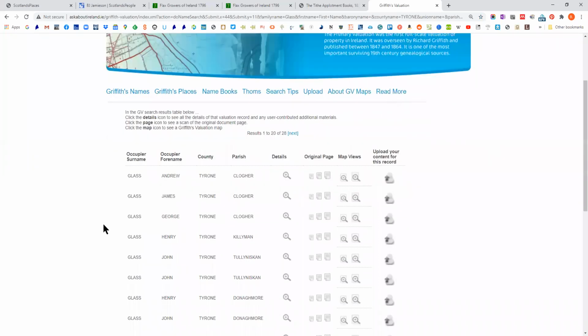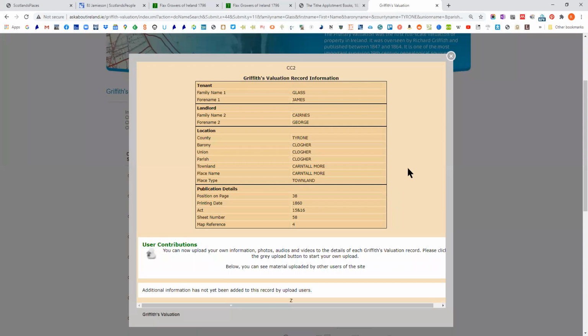But if we look at this, you get the name of the person occupying a property, you get the county, you get the parish, and if you click on this, you get the name of their landlord, and then you get the detail down to the level of the townland, and then you get a link to where this is on a map.